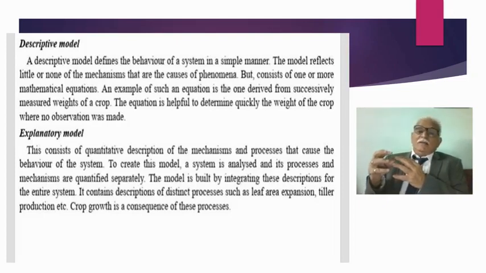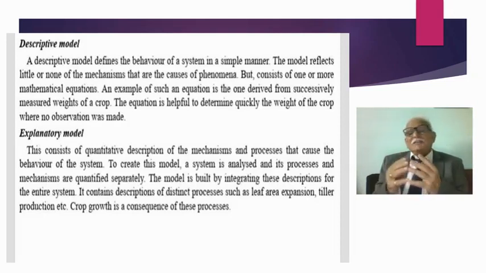It is grown in a particular number of plants followed by another crop. In a whole system, we describe. In a descriptive model, it defines the whole behavior of the system, the whole behavior of the crop. Crop won't speak to us, but in the descriptive model, we can record the behavior.